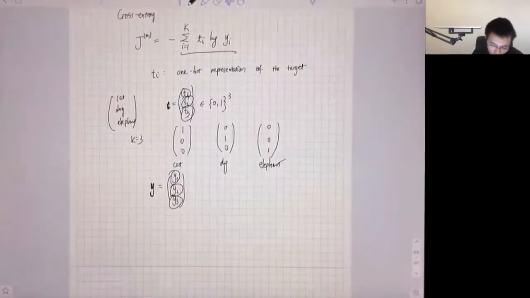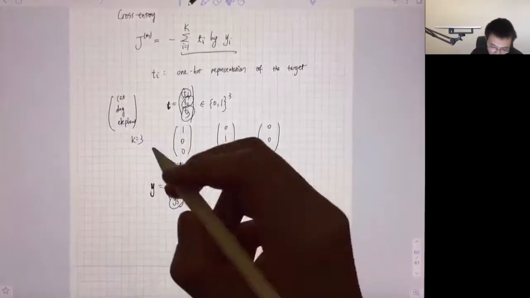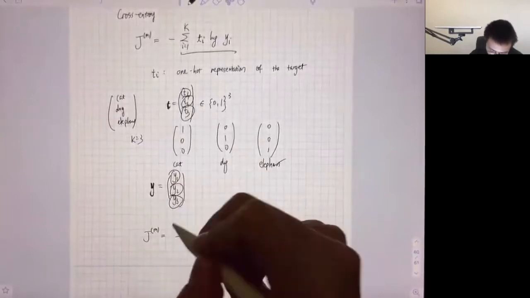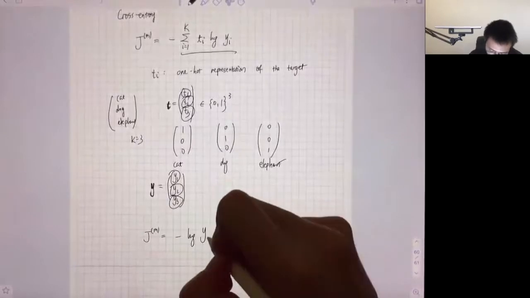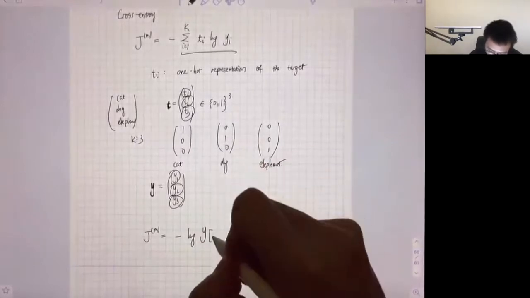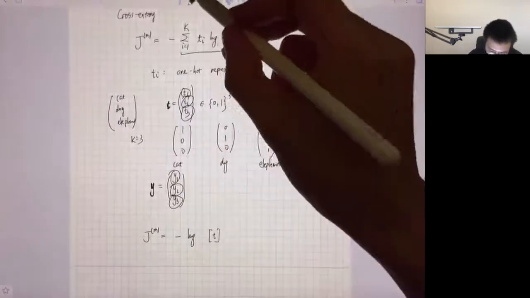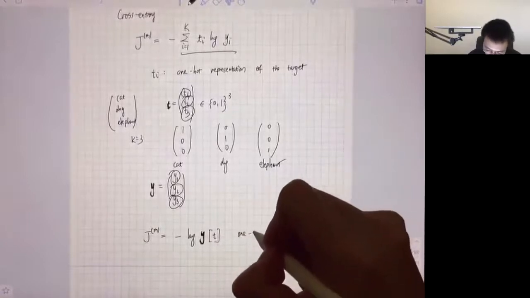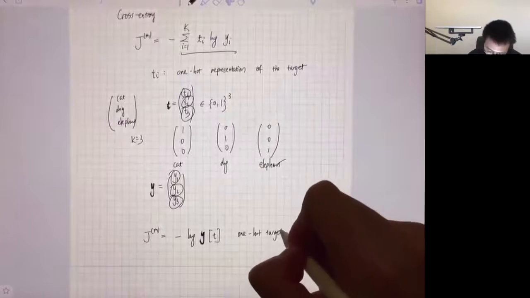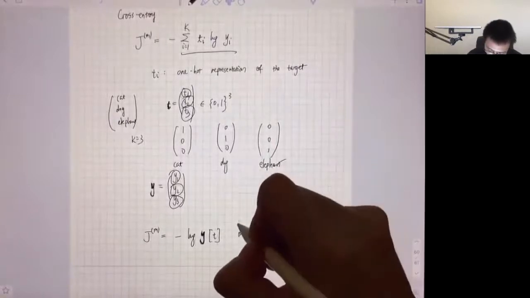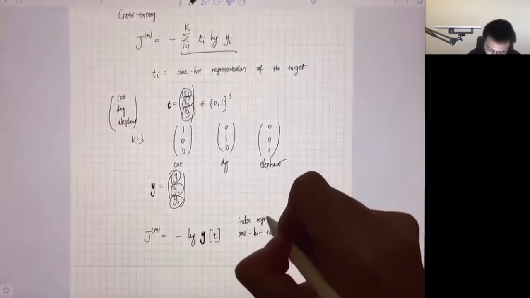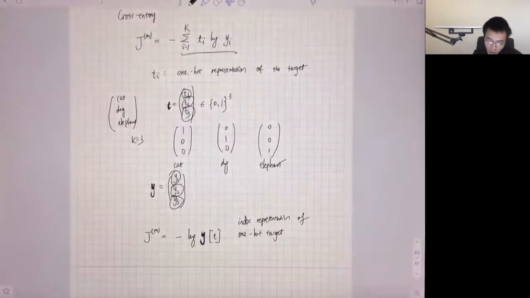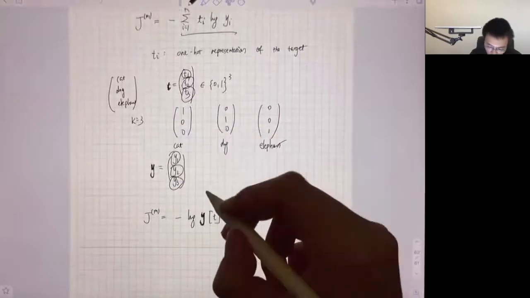Alternatively, you can have an index representation. I would say J for this sample is minus log of y index t. This y is a bold y, and this is the index representation of the one-hot target. So if it's a dog, then my t is 2.